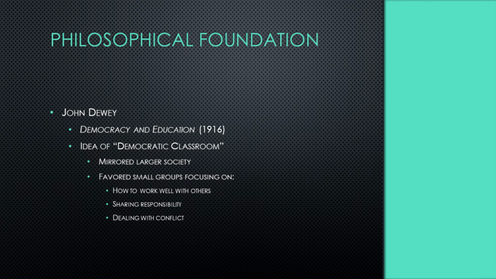Dewey said the teacher's primary responsibility was to engage students in inquiry into important social and interpersonal problems. He emphasized small, problem-solving groups of individuals searching for their own answers and learning democratic principles through day-to-day interaction with one another.